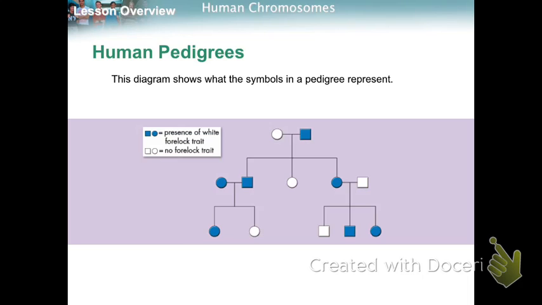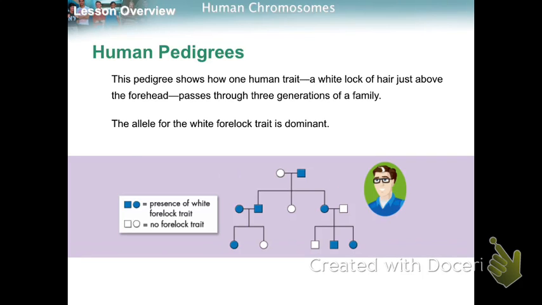So we see this trait passing from one generation to the next to the next. When you see a trait going from one generation to the next, we call it a vertical pattern of transmission.